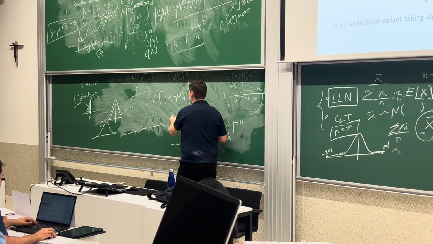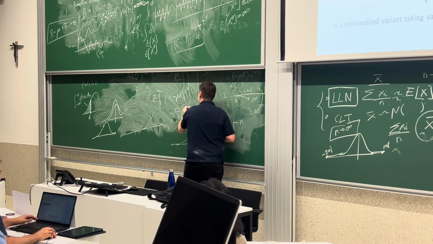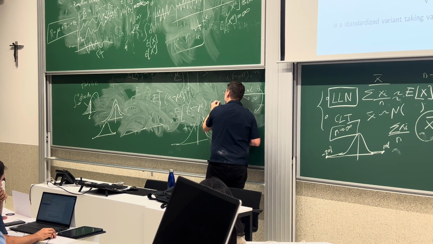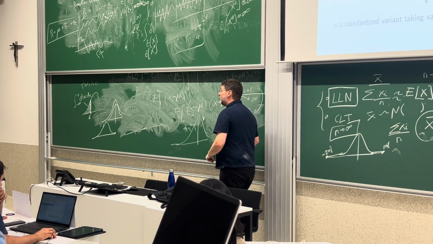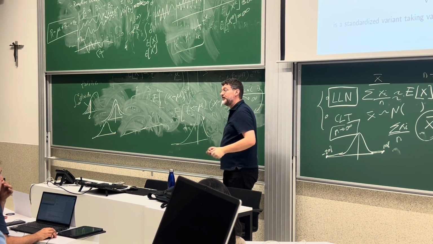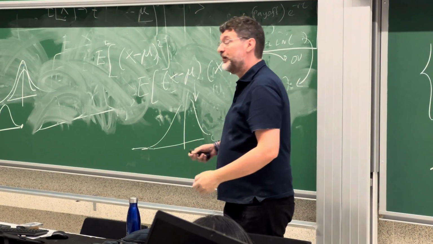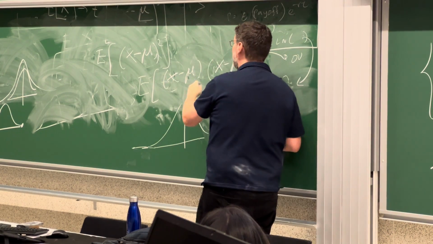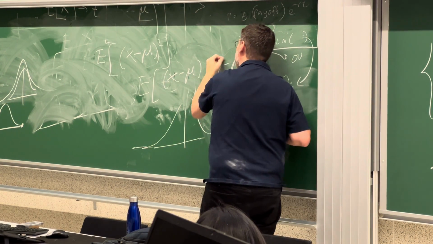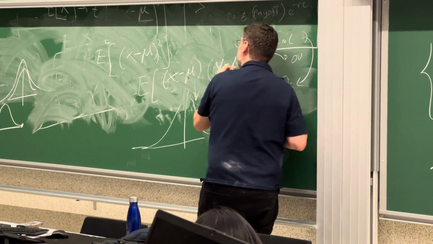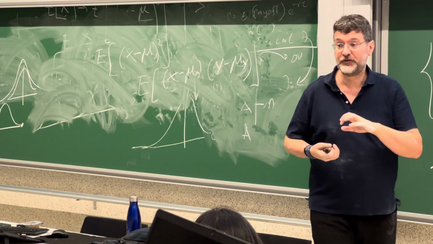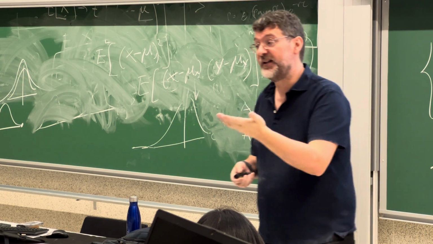We can think of it as the expected value of x minus mu times x minus mu, and we simply extend this definition to two variables. Rather than putting here x and the mean of x, I put here y and the mean of y. So I'm stretching the definition of variance to the context of covariance.